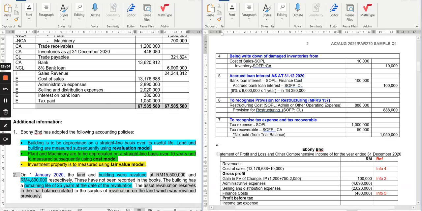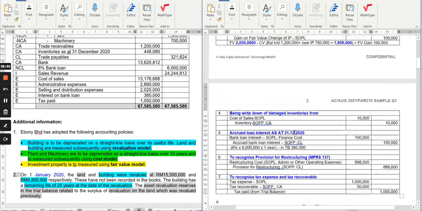So now I credit tax paid 1,050, and the difference between tax expense, what you are charged, and what you have paid, have been more than what you have charged. So that is a recoverable amount of 50,000. That will be your current asset. So done with the adjustment.